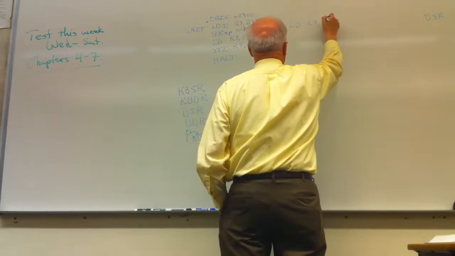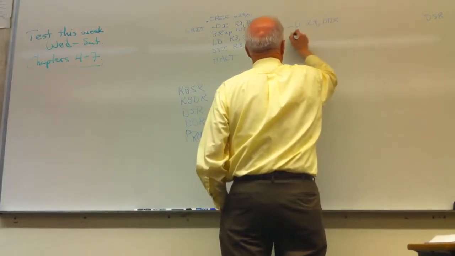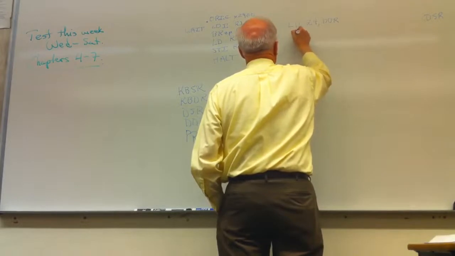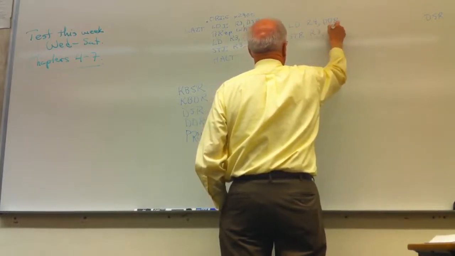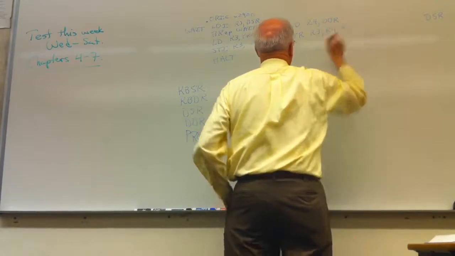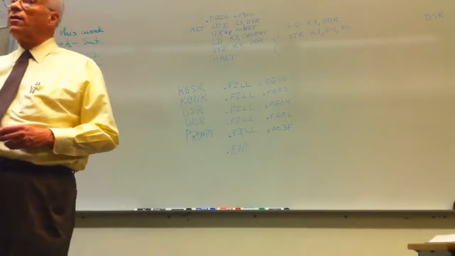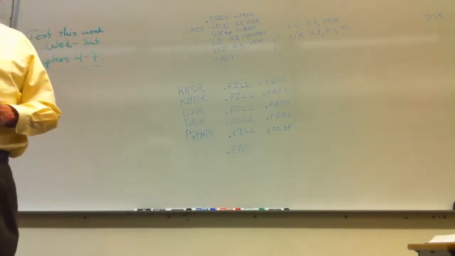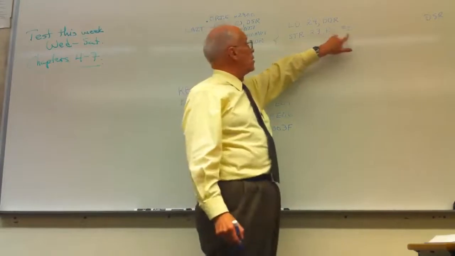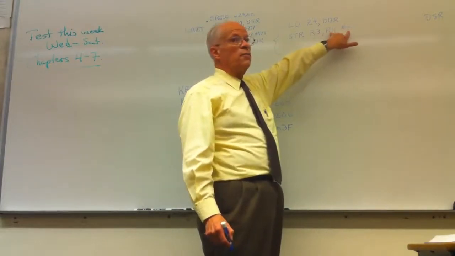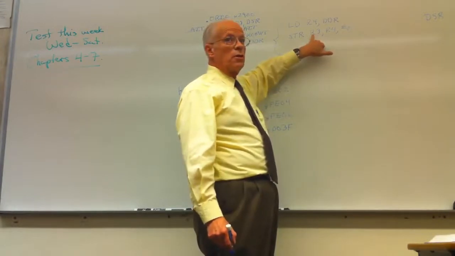Load R4, let's say, from DDR, and then use the STR, the store relative to this register with this offset from this address in here, and this is the value that I'm storing.